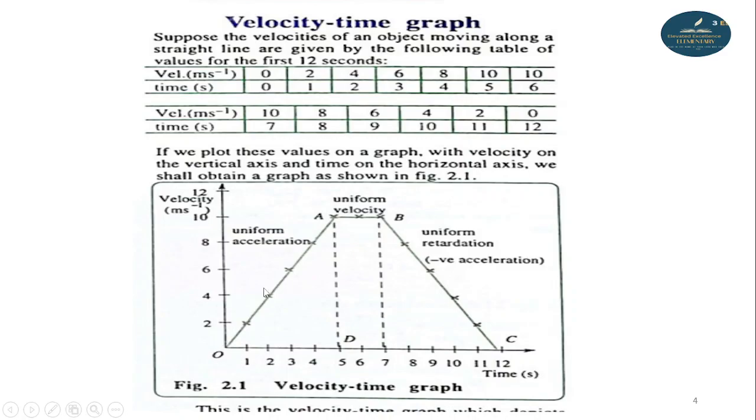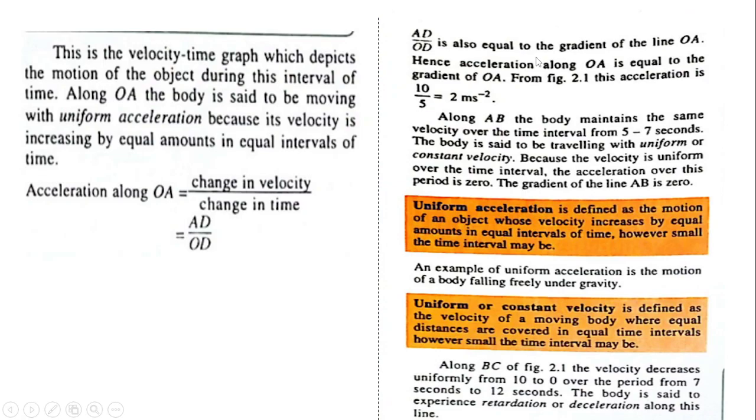So the acceleration of the object along OA is AD over OD, the change in velocity over change in time, which is 10 over 5. Now let's proceed. AD over OD is also equal to the gradient of the line OA, which is the uniform acceleration.